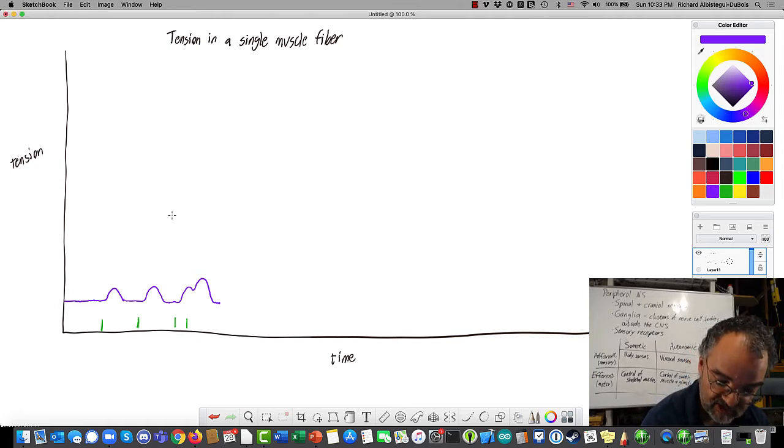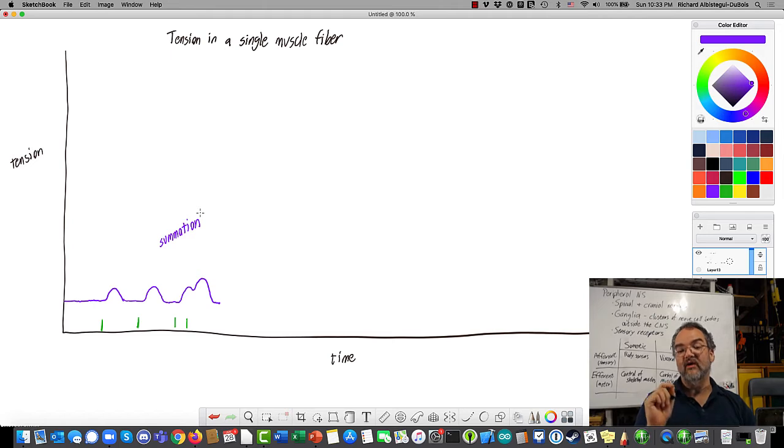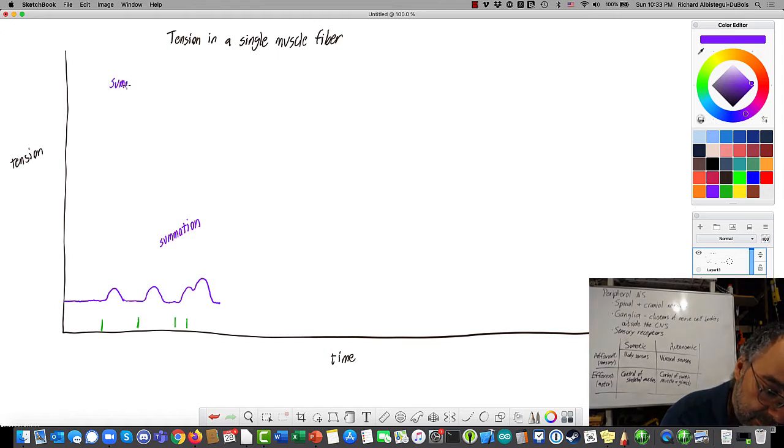We call this idea summation. Summation is what happens when one twitch adds on to another, when it happens before the first twitch is done, so it adds its force to it.